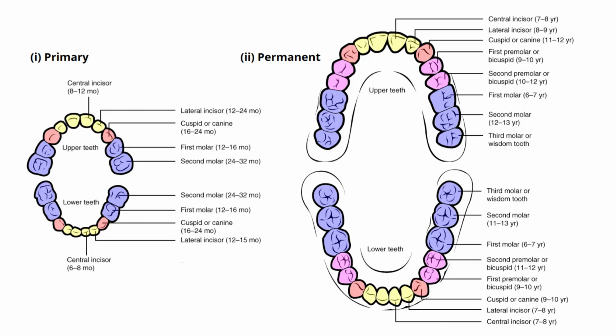You can find that the time of eruption of the maxillary canine is around 11 to 12 years, which means at 11 to 12 years, the primary tooth has shed and the permanent dentition, that is the canine, has erupted. So the answer to the question, the last succedaneous tooth to erupt, is the maxillary canine.